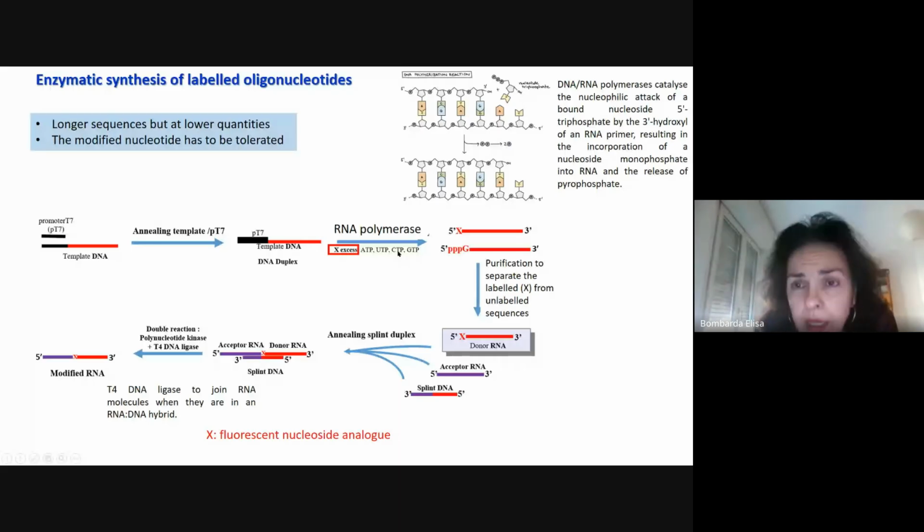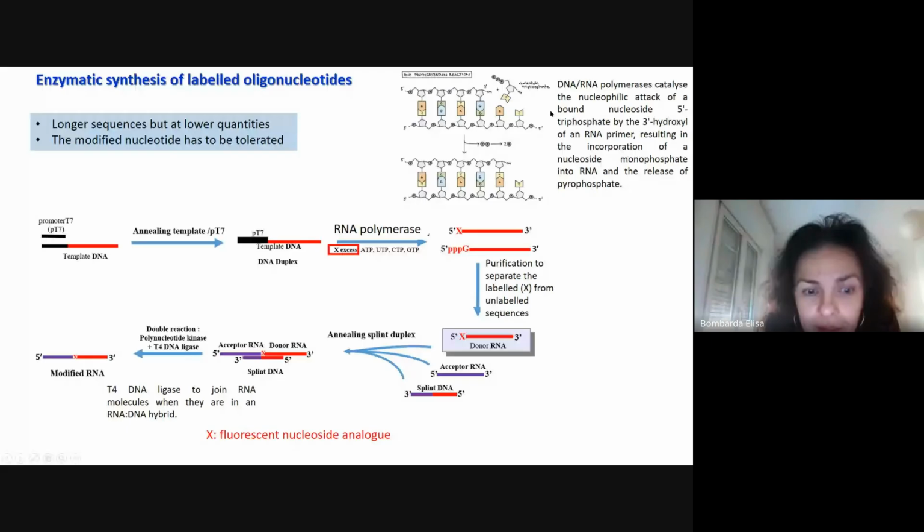So the central enzyme in this case is the RNA polymerase, which, as you see, uses as substrates the different bases, and in addition also the base X, which would be the fluorescent nucleoside analog.